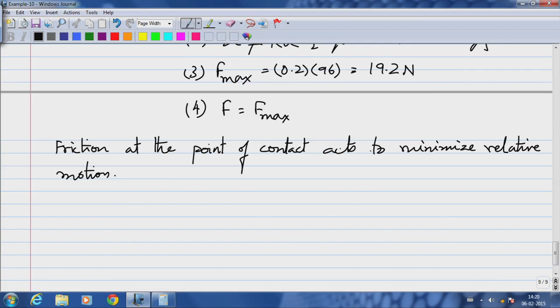So, it is going to exert its maximum force, which in this case is 19.2 newtons, and if that force is unable to bring the slip, which is essentially the relative motion at the point of contact, to 0, it continues to exert the maximum possible force.